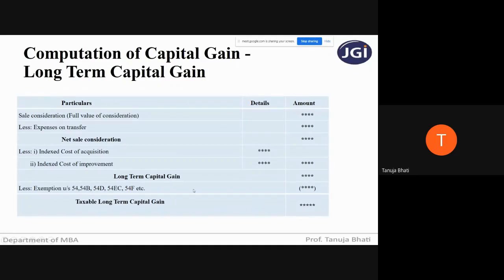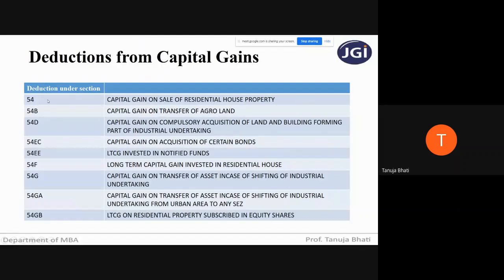So now we will be seeing the exemptions, also called deductions, from short-term as well as long-term capital gain.